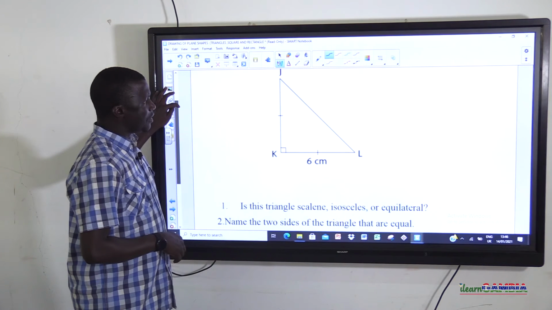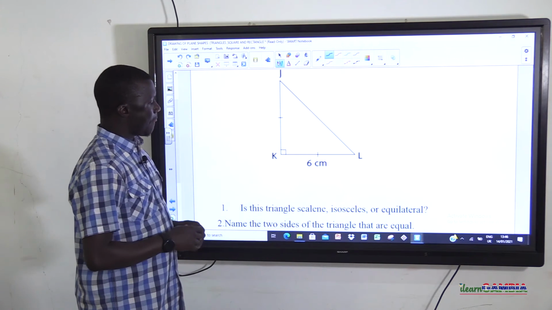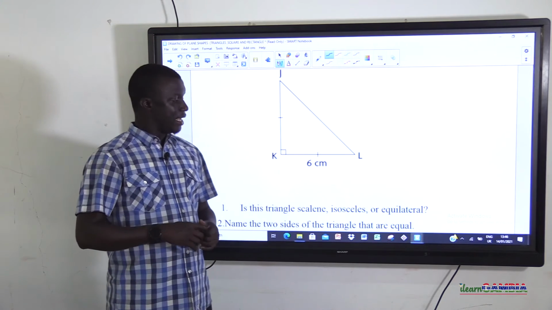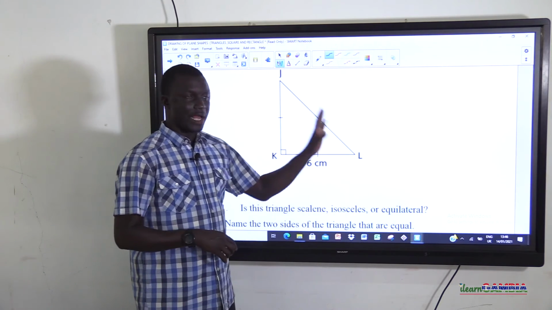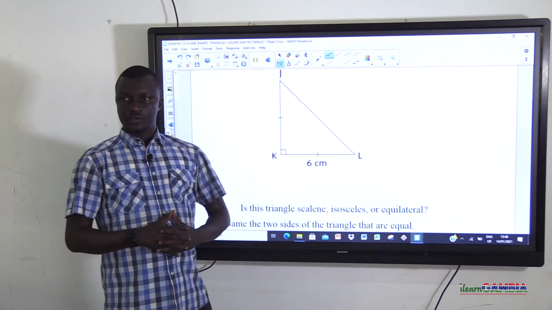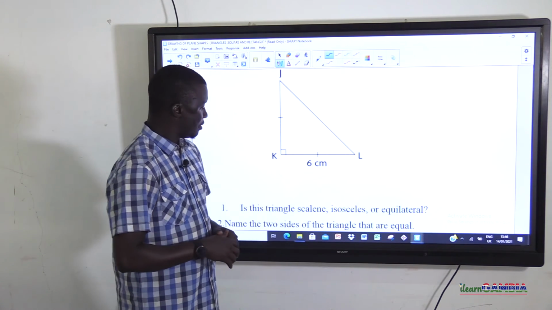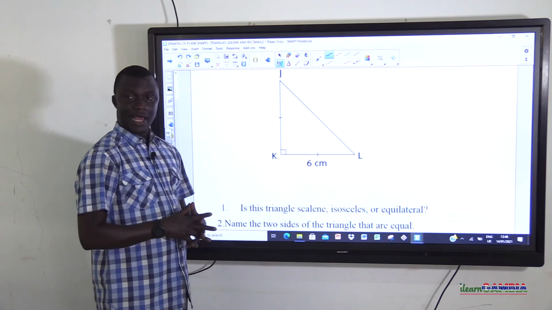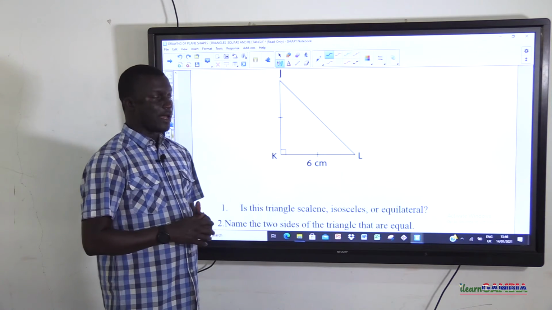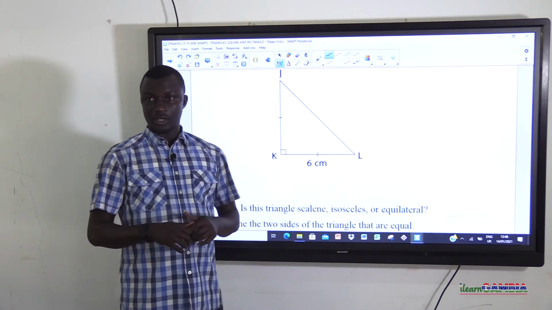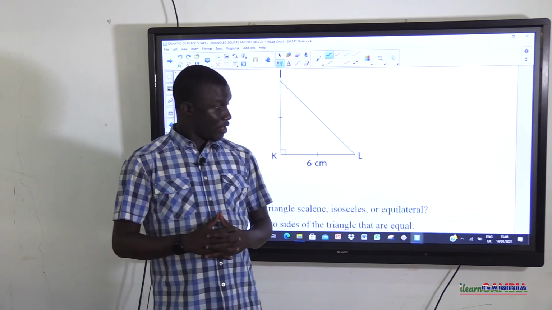Now, observing the triangle, we realize that it doesn't have features of an equilateral triangle, wherein all sides should be equal, because all sides are not identically marked, so they are not equal. Does it have a feature of a scalene triangle, where all the sides will be differently marked because they are not equal in length? No, it doesn't.